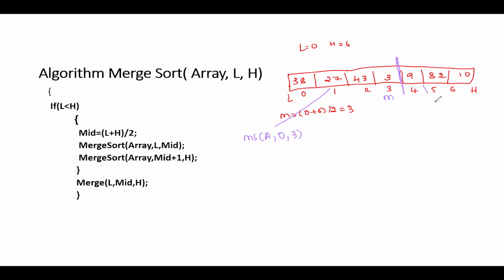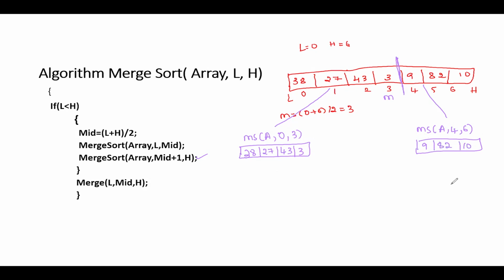All right. Similarly, I'm calling the next merge sort, which is merge sort of array, mid plus 1, which is 4, and the upper or high value, which is 6. Hence, as you can see, the array is now divided into 38, 27, 43 and 3. And here it is divided as 9, 82 and 10.